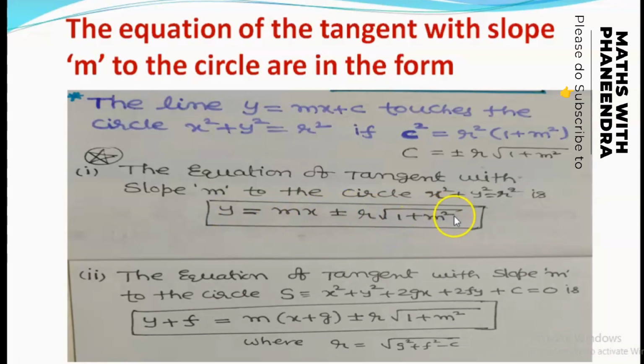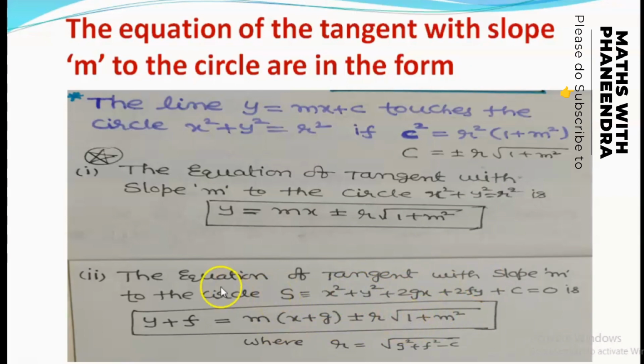Suppose the circle is not in the standard form, if it is in the general form, how do we write that formula? The equation of tangent with slope m to the circle S equal to x square plus y square plus 2gx plus 2fy plus c equal to 0, which is in the general form, is y plus f equal to m into x plus g plus or minus r into square root of 1 plus m square, where r is the radius of the general equation of circle.